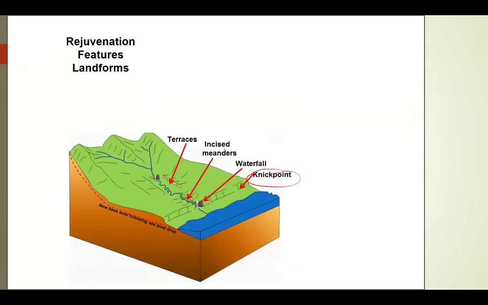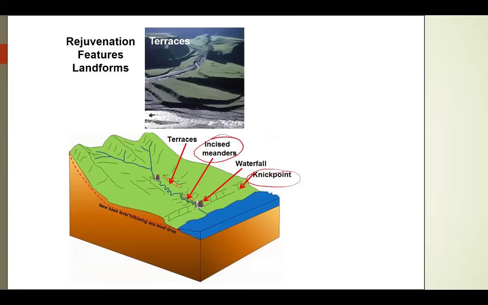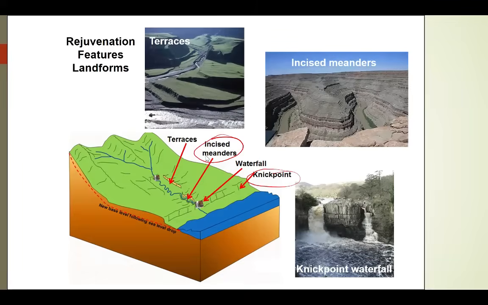And then incised meanders. What are incised meanders? Incised meanders are simply deep meanders. Rejuvenation has taken place and the river was already meandering. So when the river starts to gain energy, but the river is already meandering, what is going to happen to the meander?